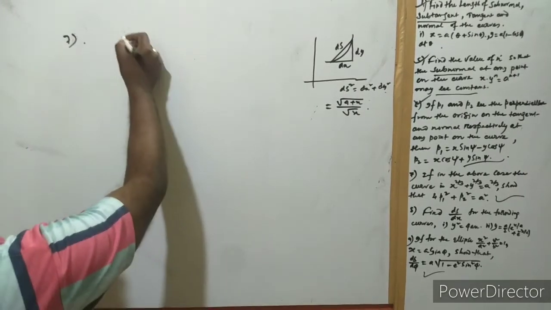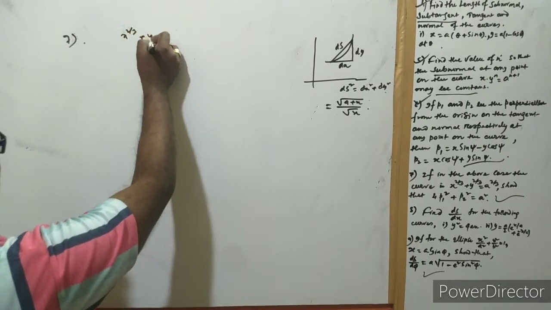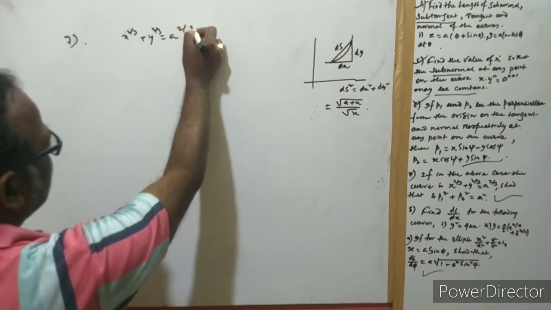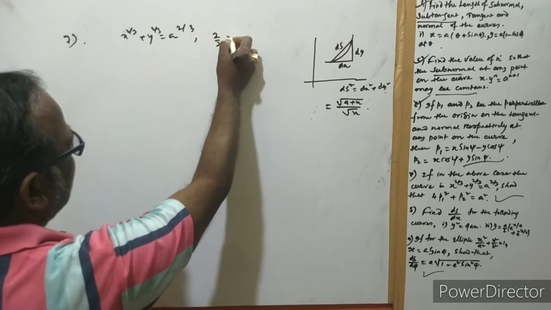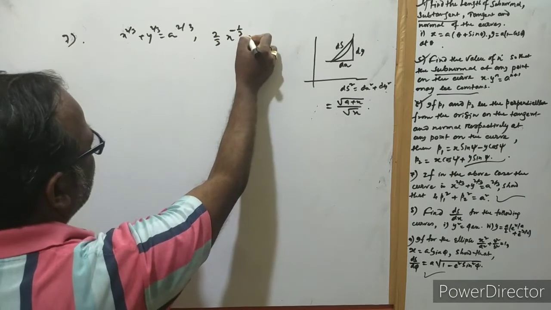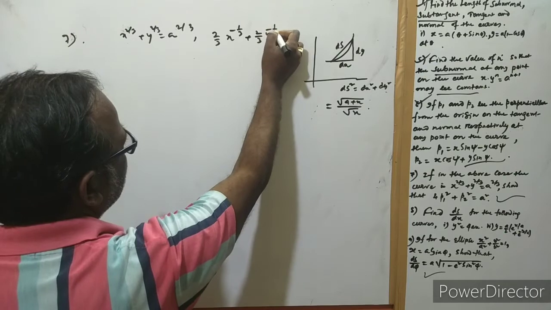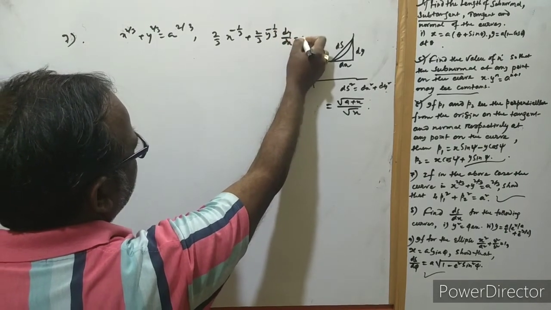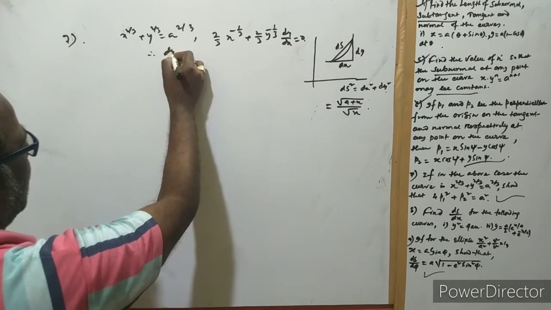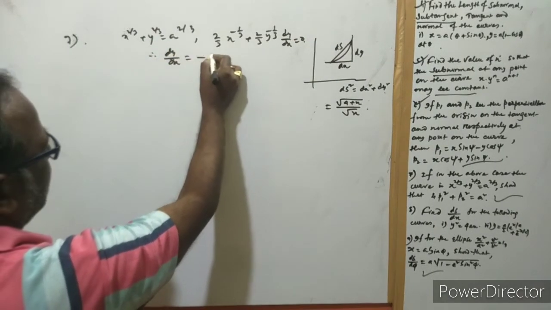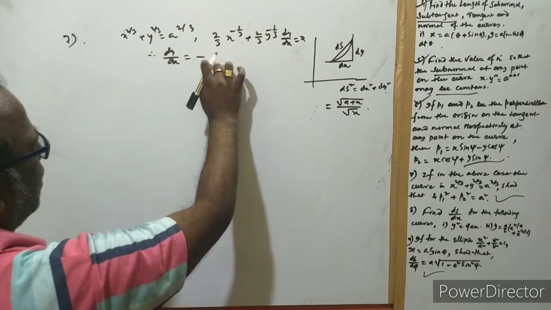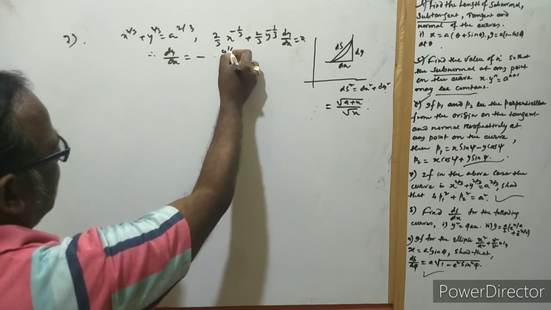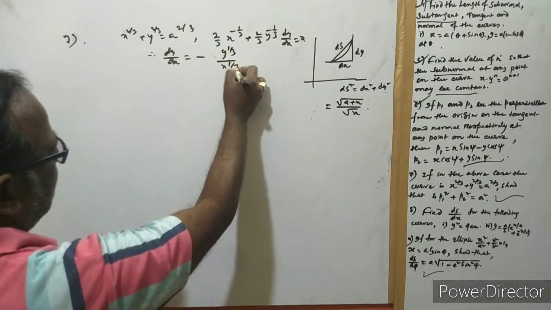Now differentiate x to the power 2/3 plus y to the power 2/3 equal to a to the power 2/3. So this is 2/3 x to the power minus 1/3, and this is 2/3 y to the power minus 1/3 times dy by dx, equal to 0. So therefore dy by dx is equal to, actually this is here, y to the power 1/3 by x to the power 1/3, with a minus sign.